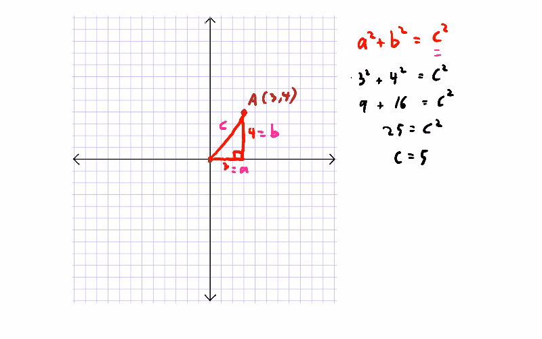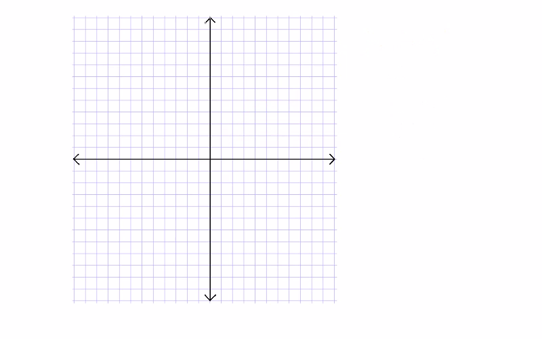Let's consider some other points. Let's go back to point A, which is at 3, 4, and consider point B, which we'll put at 3, negative 4. We hadn't considered points in the last video that were vertically or horizontally aligned. If I want to find the distance between these, 3, 4 and 3, negative 4, we don't need the Pythagorean theorem.